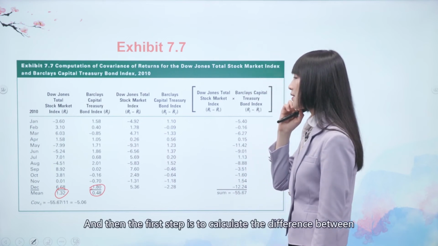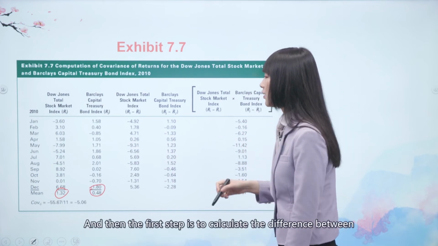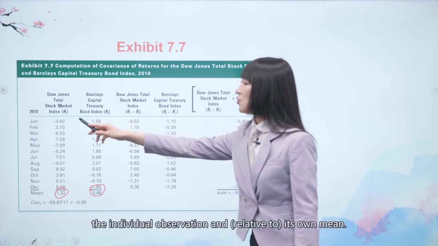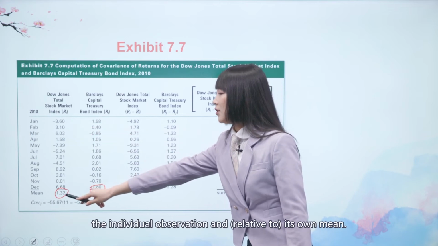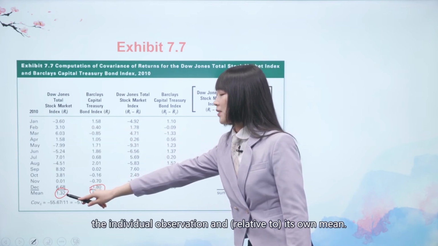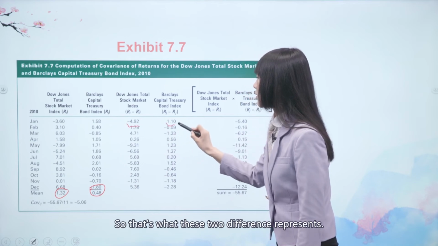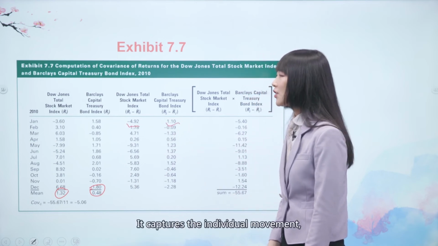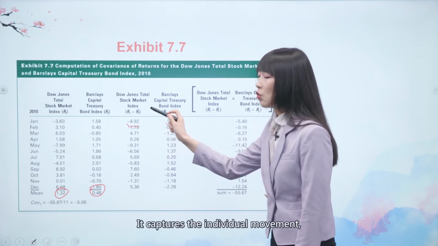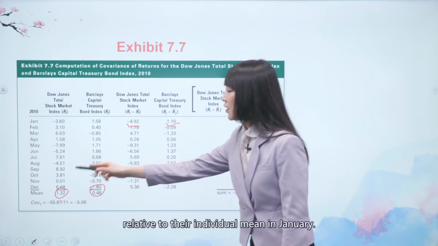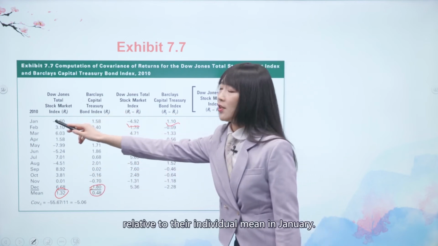And then the first step is to calculate the difference between the individual observation and its own mean. So that's what these two differences represent. They capture the individual movement relative to their individual mean in January.